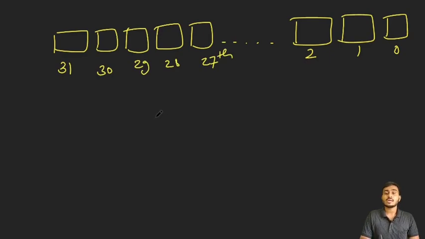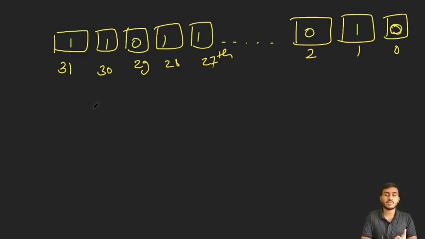Now if someone asks you, I want the 2nd bit of a number, what is the value of the 2nd bit? Let's put some values in it: 0, then 1, then 0, then 1, then 1, then 0, then 1, 1.